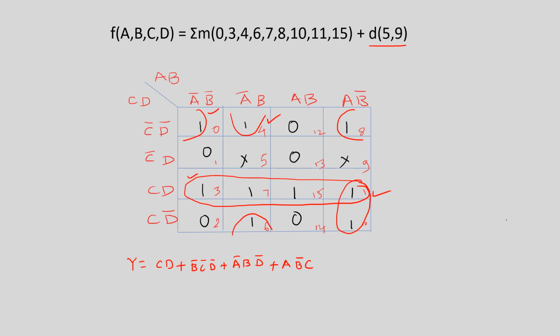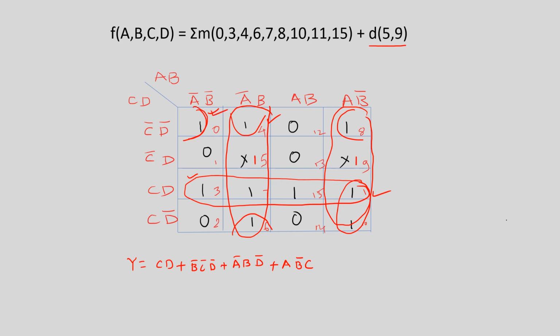Then if this is 1 and this is 1, I can straight away form a quad here. Here again I can form a quad. And now this one is only remaining, so this pair is as it is.